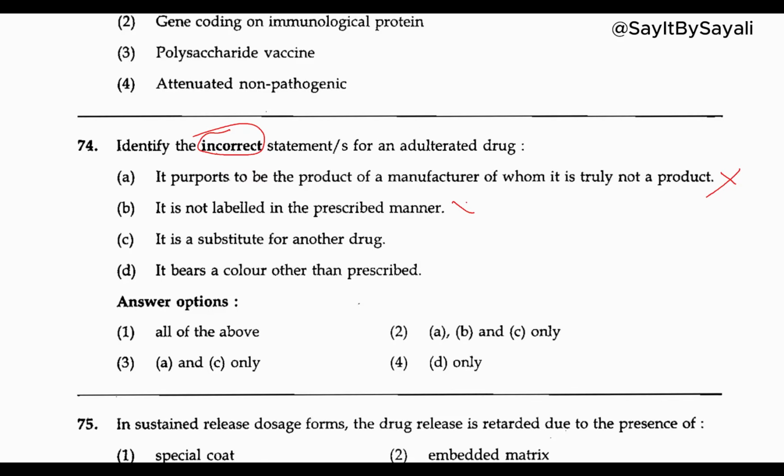No, it is not adulterated. It is substituted for another drug. No, it is misbranded. It bears a color other than the prescribed. No, this is also wrong. So, all of the above, option A is correct, because these statements are all incorrect with respect to adulterated drugs.